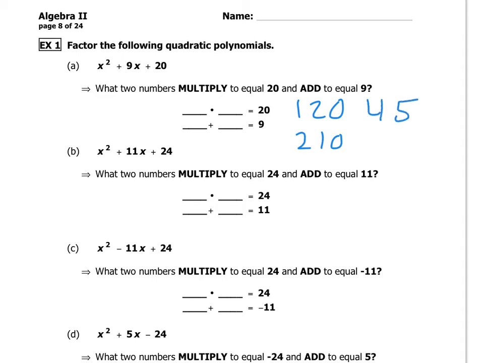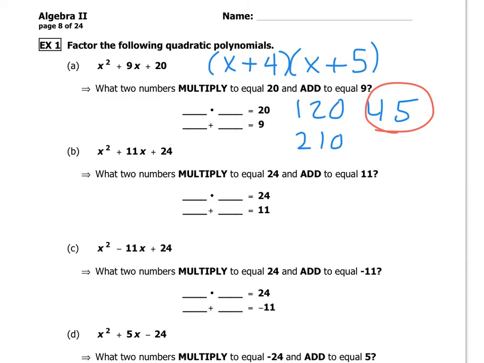We're looking for the pair that adds up to 9, which is the 4 and the 5. They multiply to 20 and add to 9. So our two factors are going to be x plus 4 times x plus 5.